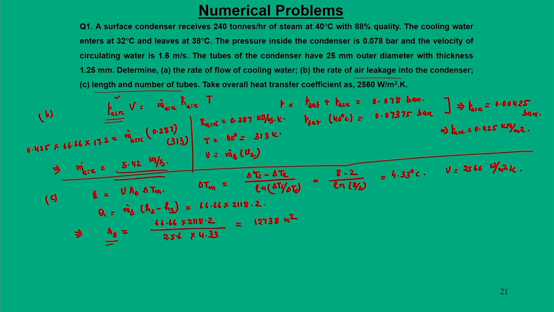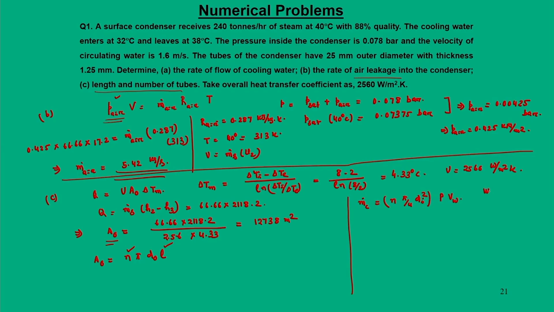Now, this area is equal to n times pi d0 into L. What we do not know is n and L. To do this, we can link the mass flow rate of cooling water, m dot c, which is equal to n times pi by 4 d I square into rho times V w.